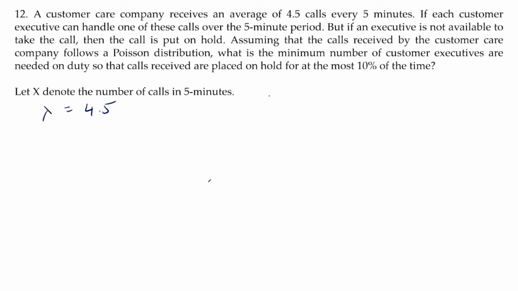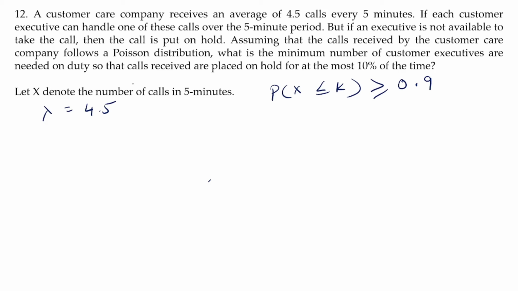We need to find the minimum number of customer executives so that calls are placed on hold at most 10% of the time, that is, answered 90% of the time. So we need to find the probability of X less than or equal to K, which should be greater than 0.9. So we need to find the value of K for which probability of X less than or equal to K is greater than 0.9.